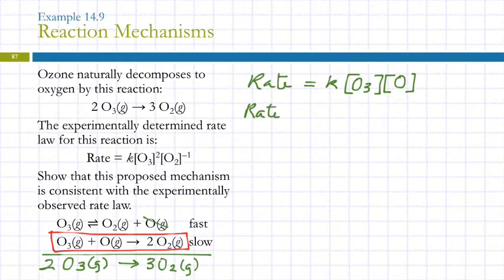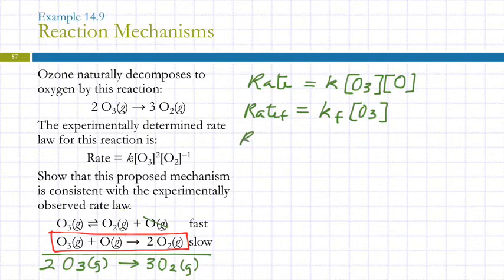So the forward rate equals, what's its rate law? Kf, the forward rate constant, times just the ozone, because it's one ozone molecule falling apart basically.